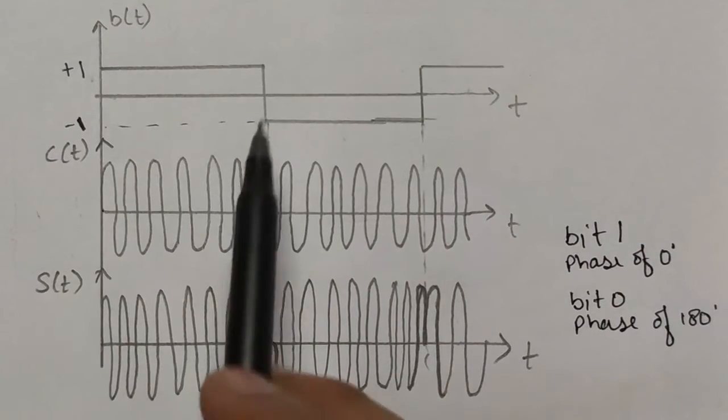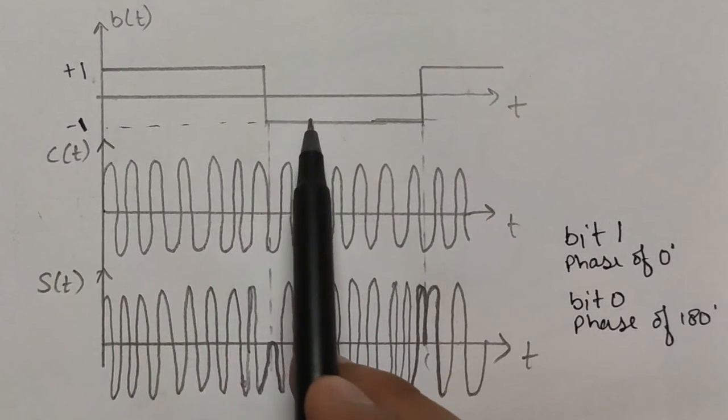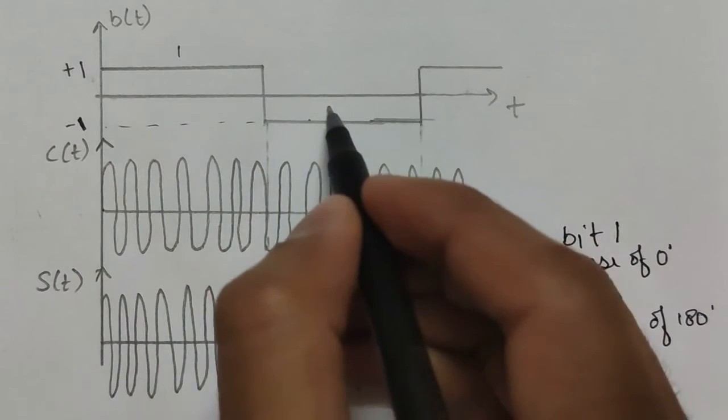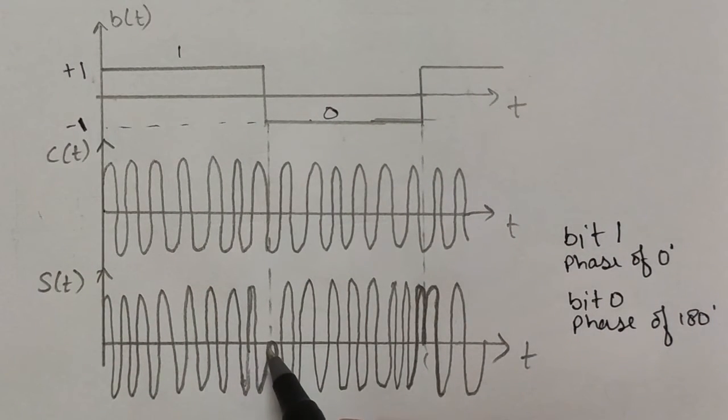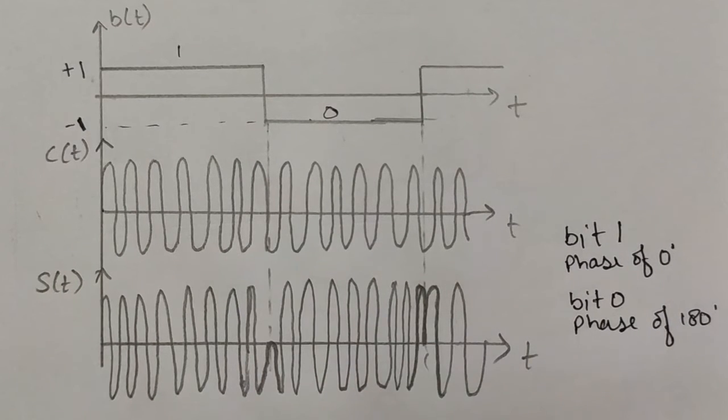That means here we encounter bit 0. This is 1. Here we encounter bit 0. So we can see how there is a shift in phase of this carrier signal.